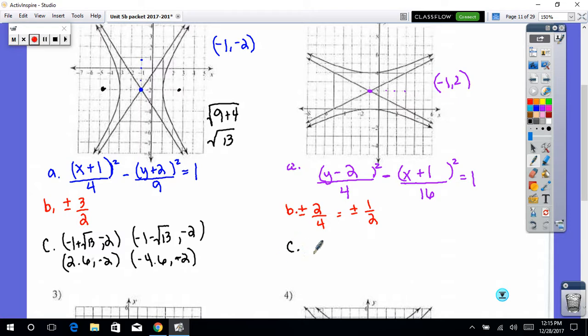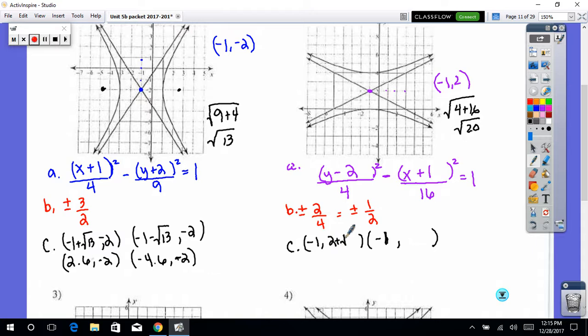And for the least favorite part, not the asymptote, the foci, sorry. Okay, our foci. Let's think about where it's at. It's the y coordinate that's changing, not our x. We're not shifting left and right anywhere, so we are going to maintain that x coordinate of -1. And our y is what's going to change. Okay, so we have the square root of 4 plus 16, which gives us the square root of 20.